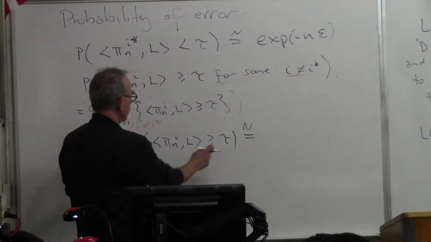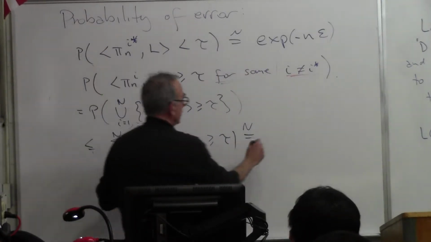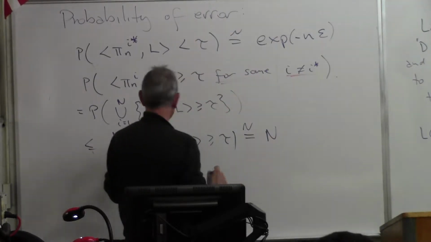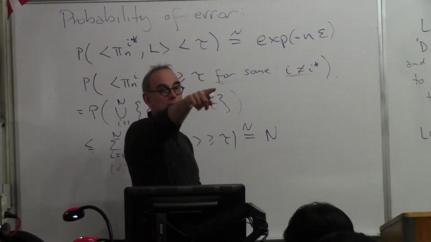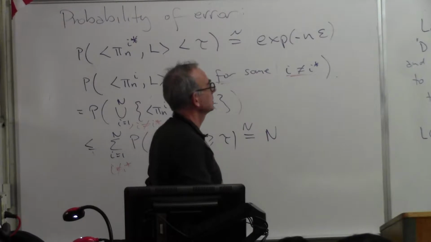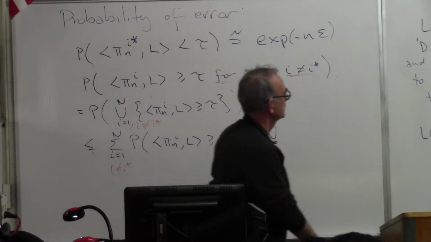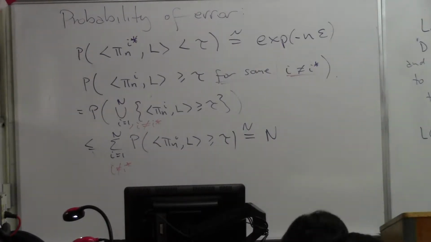So there's n of them, and they all have the same approximation for each of them. It's n times whatever the size of this guy is.